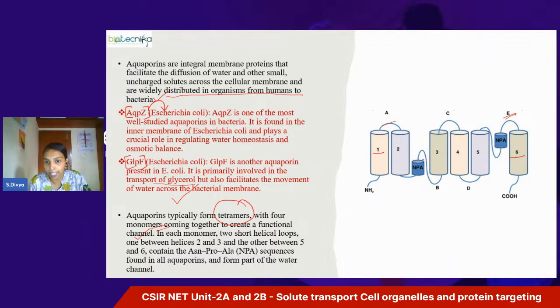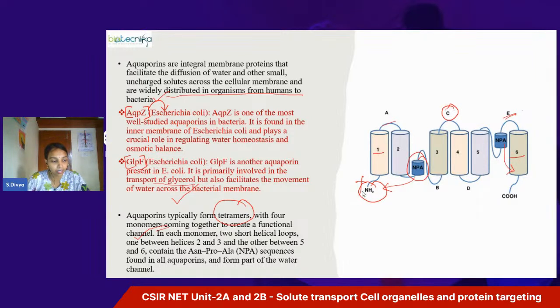The conserved NPA loop is present, one towards the N-terminal side and another towards the C-terminal side. So obviously the statement is correct. If the NPA is present over here, then yes, you are correct. It may not be right at the N-terminus, but since it is coming between helices 2 and 3, you can consider it as N-terminal.